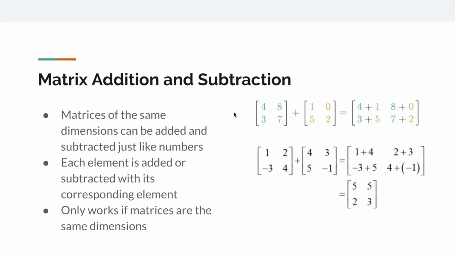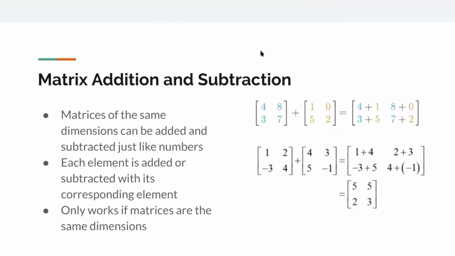It's just called a matrix, and you usually represent it with brackets and the numbers inside. Okay, so matrix addition and subtraction. Just like you can add numbers like 1 plus 2, you can add matrices of the same dimension, right? If we look to the right, we have examples. When you add two matrices together, we call that element-wise addition. What you do is 4 plus 1, 8 plus 0, 3 plus 5, and 7 plus 2.